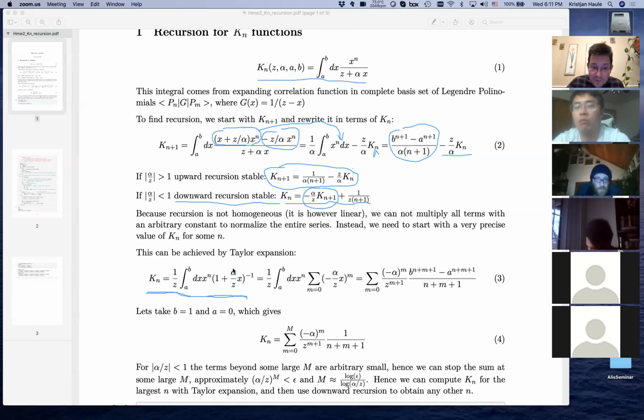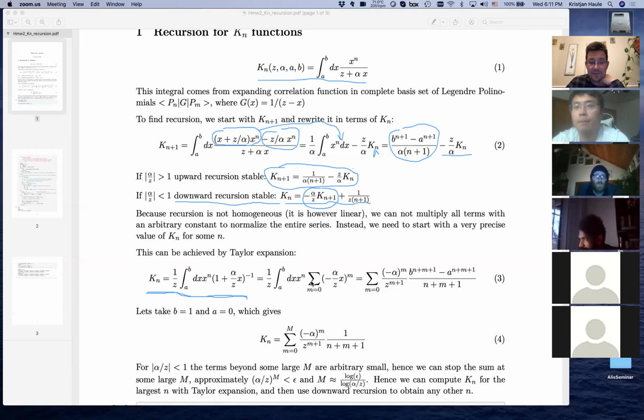So this entire thing is smaller than 1/2. Since this is small, you know that the Taylor expansion works well.